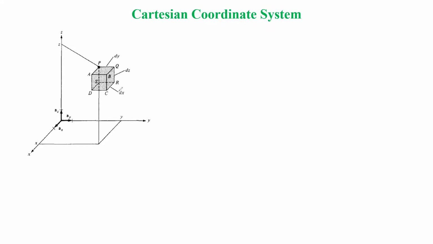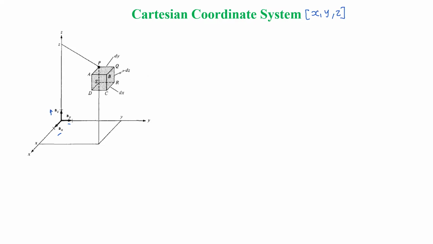You are aware that here we have the Cartesian coordinate system. So in the Cartesian coordinate system, what are the variables? What are the parameters that are going to change here? X, Y, and Z. Now it has unit vectors AX along the x-axis, AY along the y-axis, AZ along the z-axis.